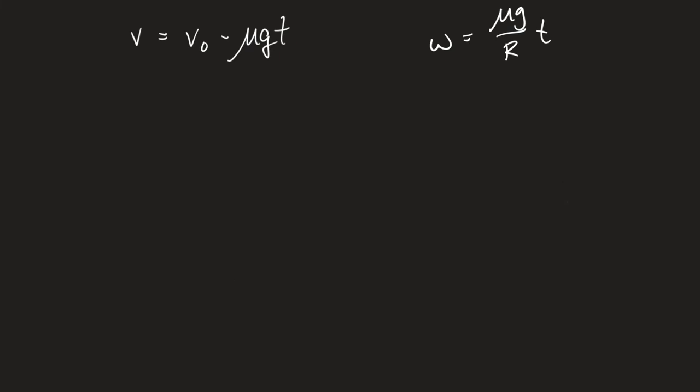But that's not at all what it asked. It said, derive an expression for the time. It wants an expression for t. This will end with t equals something.